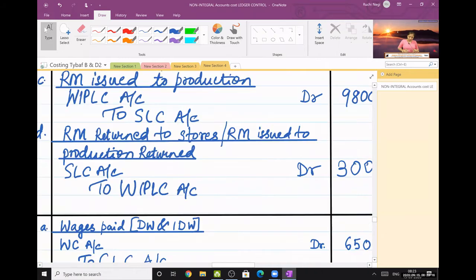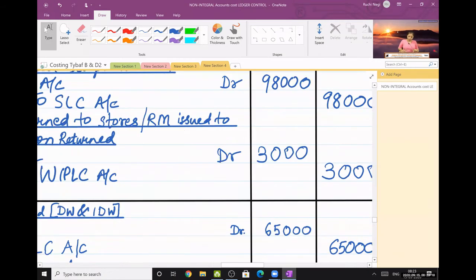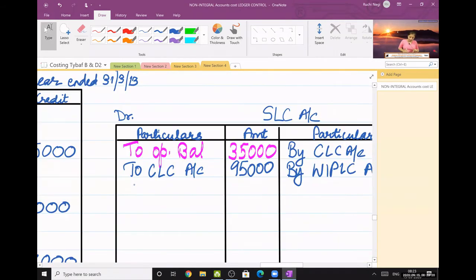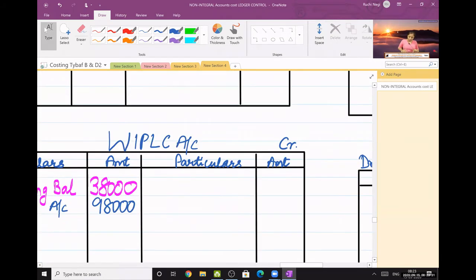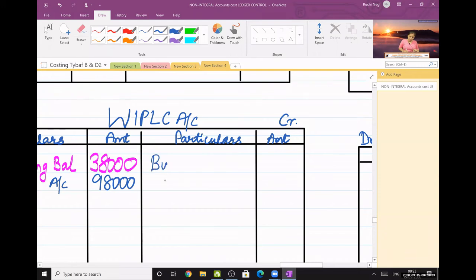Next, SLC to WIP 3,000. So SLC debit side to WIP ledger control account 3,000. Second effect, by WIP, I mean WIP में credit side by SLC 3,000.